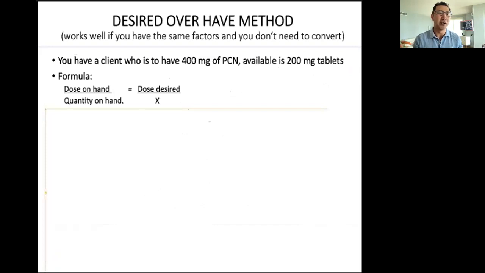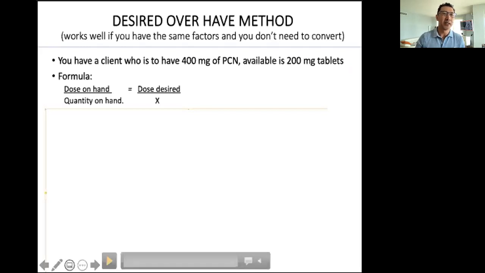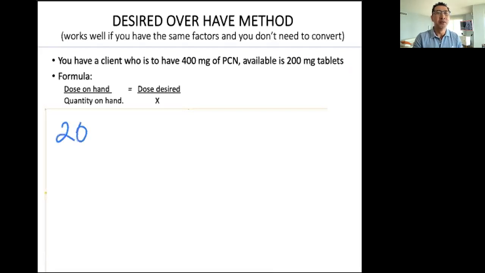I know you just did it in your head, but we have to work it out. The formula is dose on hand over quantity on hand equals dose desired over X. Let's work it out. Your brain already told you you need 2 tablets, but let's work it out.